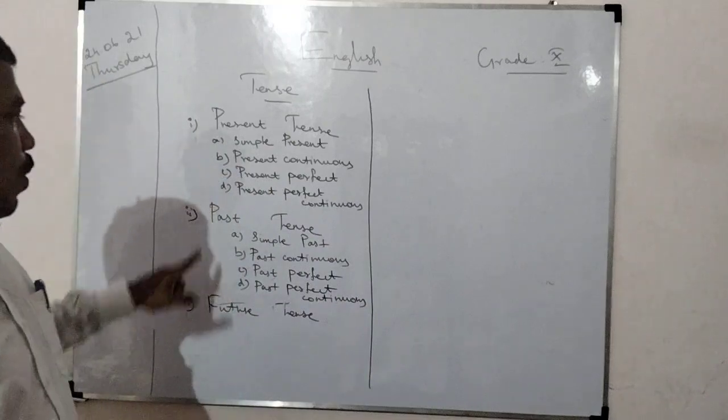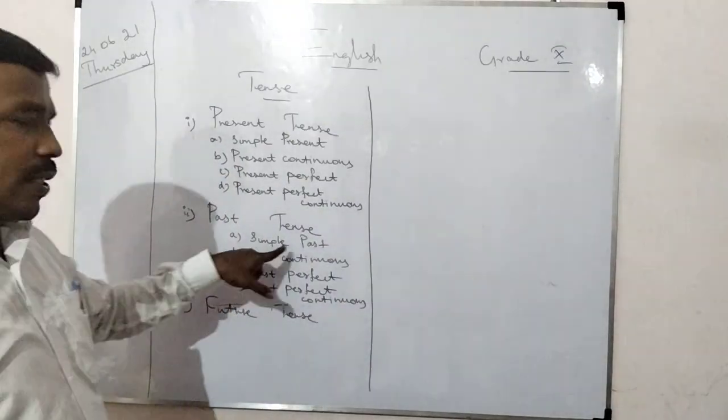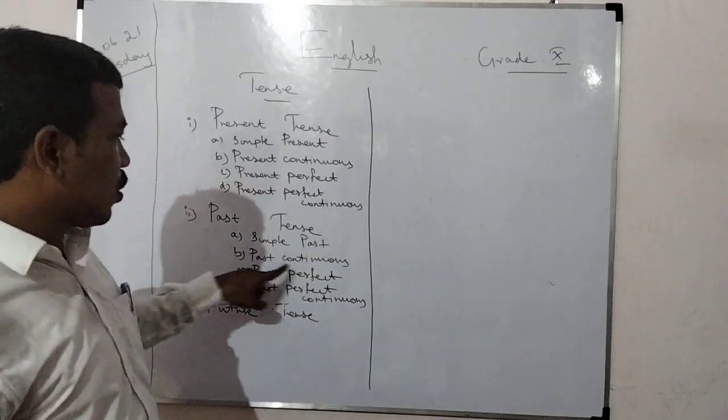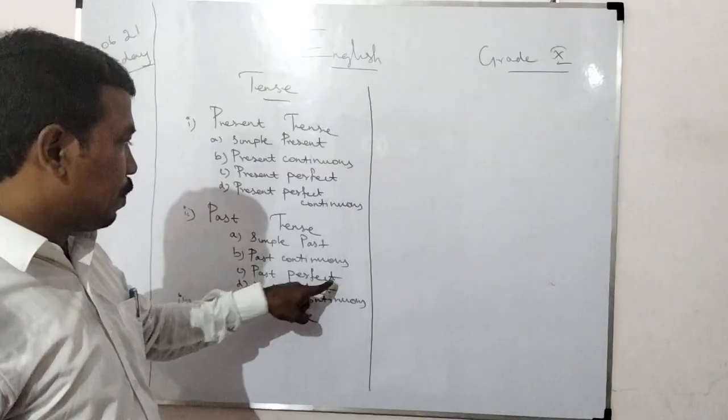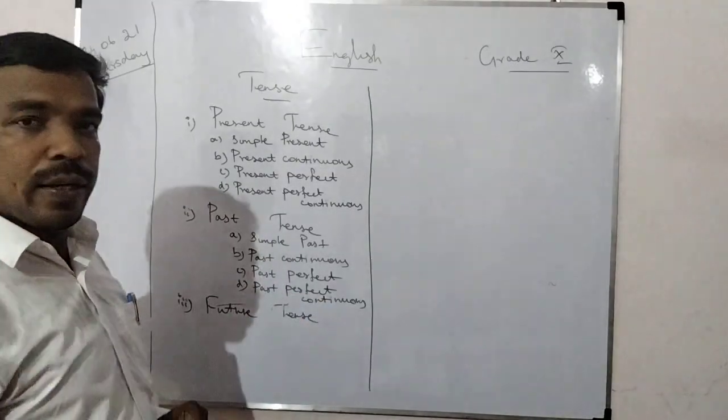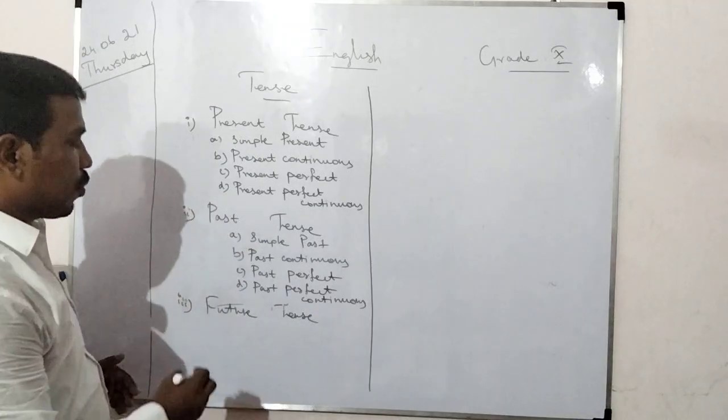So how is the past tense divided? Simple past, past continuous, past perfect, past perfect continuous.